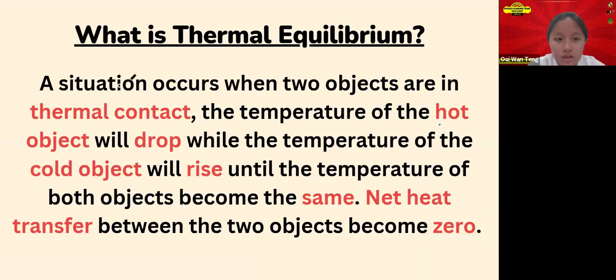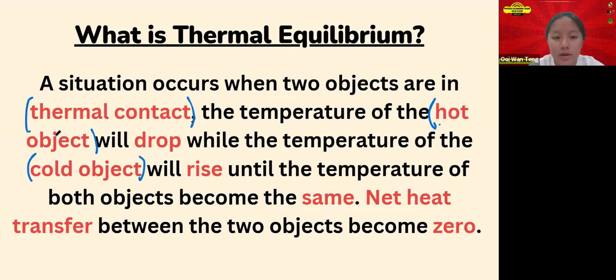If there is a question that asks what is thermal equilibrium, you have to include these few keywords in your answer. For example, the two objects are in thermal contact. Then you have to say what happens to the temperature of the hot object and the temperature of the cold object.